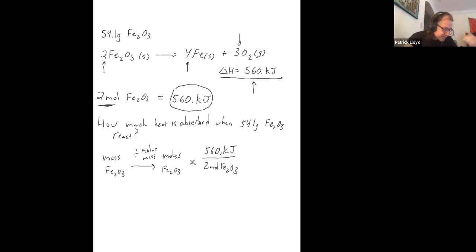So the molar mass of Fe2O3, well, it's 2 irons, so 2 times 55.85. And then there's 3 oxygens, so 3 times 16.00. And that's going to be in grams per mole. So it's about 160 or so. 2 times 55.85 plus 48.00. And yeah, it's about 160.